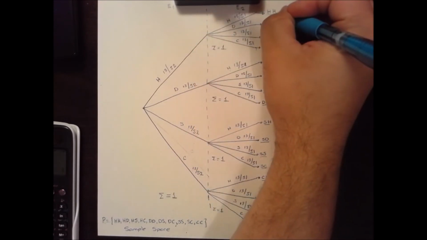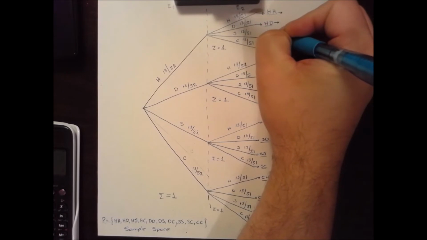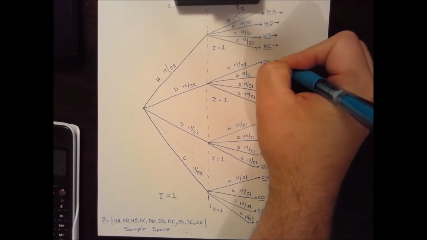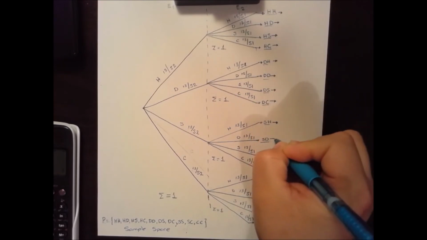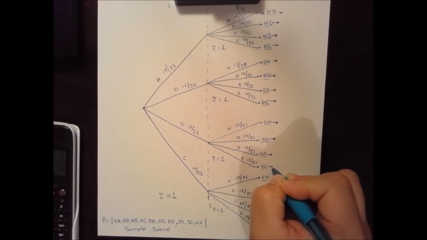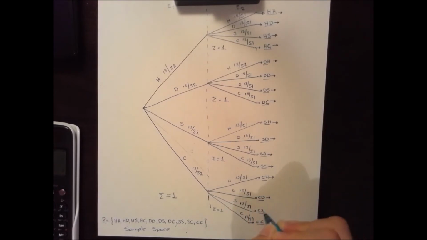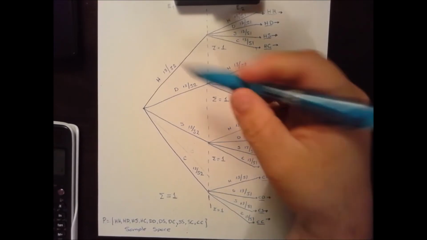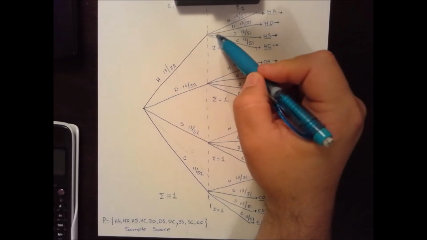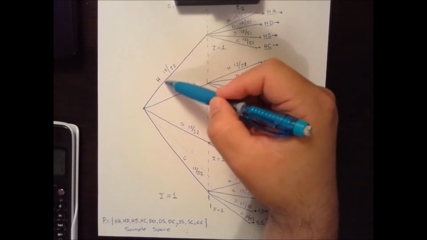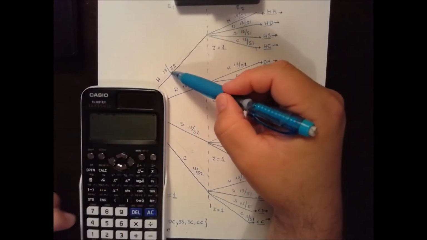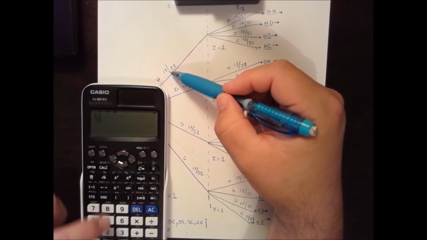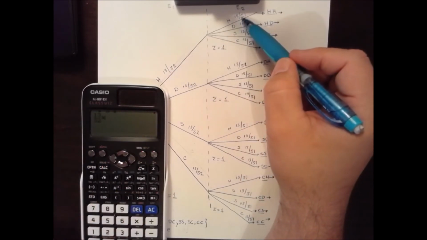So the only thing that I need to do is calculate the probabilities on each part of this. How? Very easy. Just multiply the probabilities of each branch. For example, this times this times this. Let's do it. This is going to be 13 over 52 times 12 over 51.